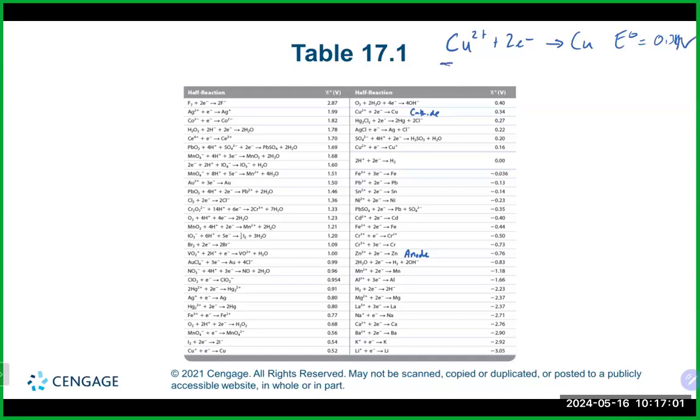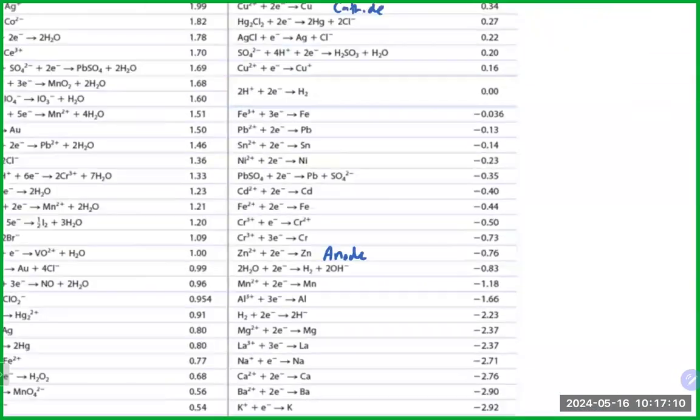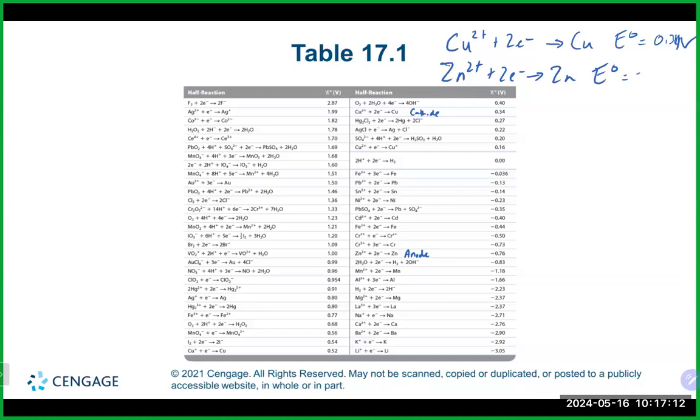Now, if we take our zinc 2 plus, plus our 2 electrons gives us our zinc, our E for that is minus 0.76 volts. As we know, the copper in what we were looking at earlier was our cathode. So that reaction is fine. It is exactly the way it should be, and it is exactly written as a reduction reaction, just like we find it on our table.